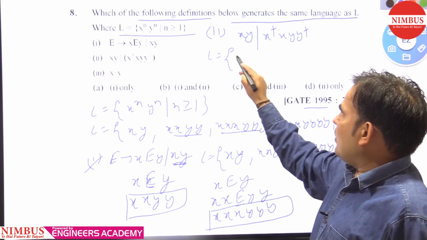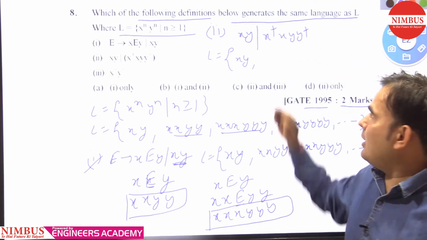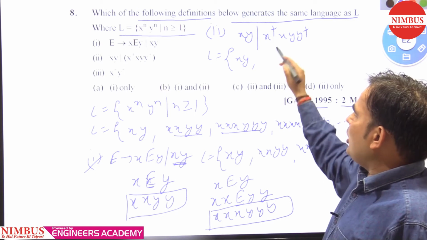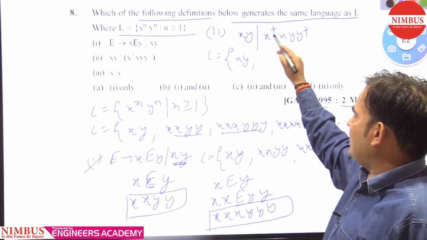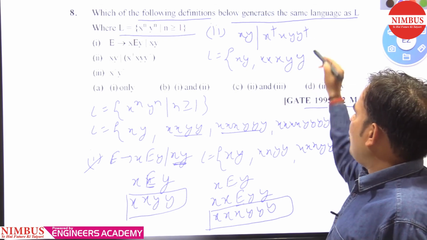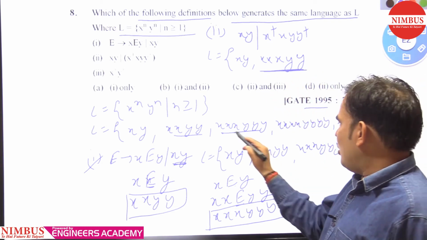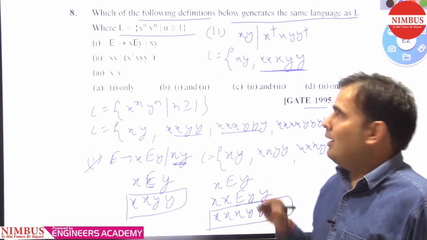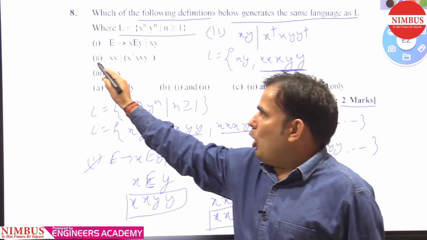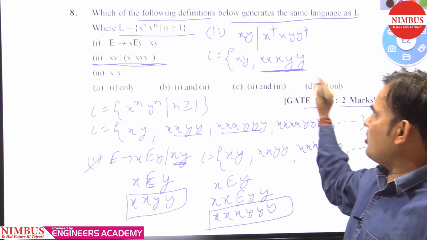The minimum string is xy, so we can take the string xy, or we can generate a string from the other expression. If we take 2 times x from the positive closure of x, and only 1 y from the positive closure of y, then the string xxxyy is generated by the second option, but it is not present in the given language.